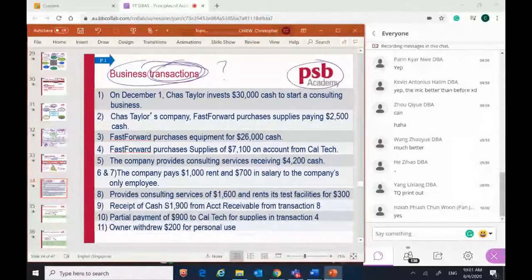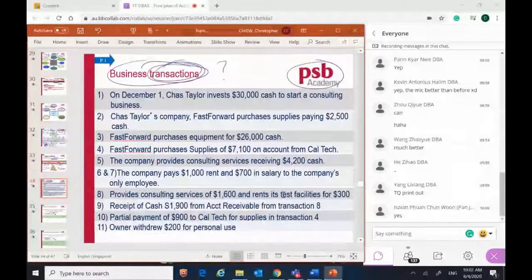When the school pays your lecturer's salary, that is a transaction. Okay. So I'm going to show you examples of different transactions and how they will affect the accounting equation. But no matter what happened, the accounting equation must always remain equal. In other words, it must always be balanced.